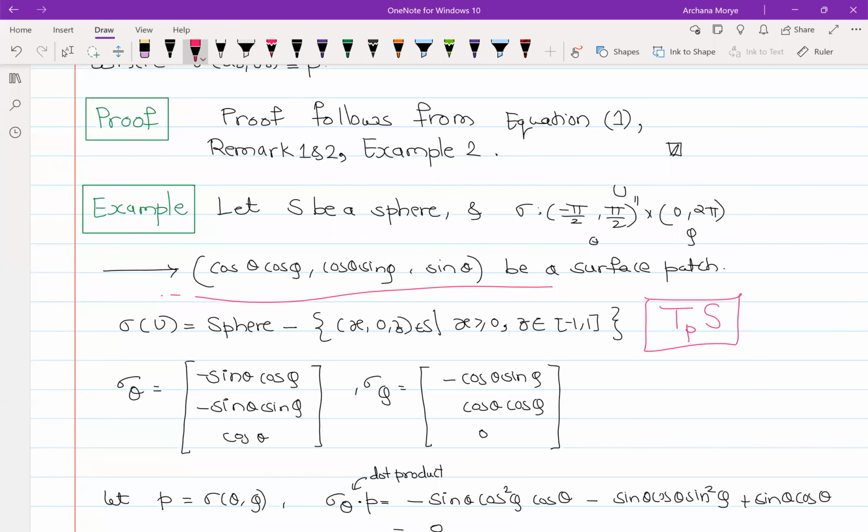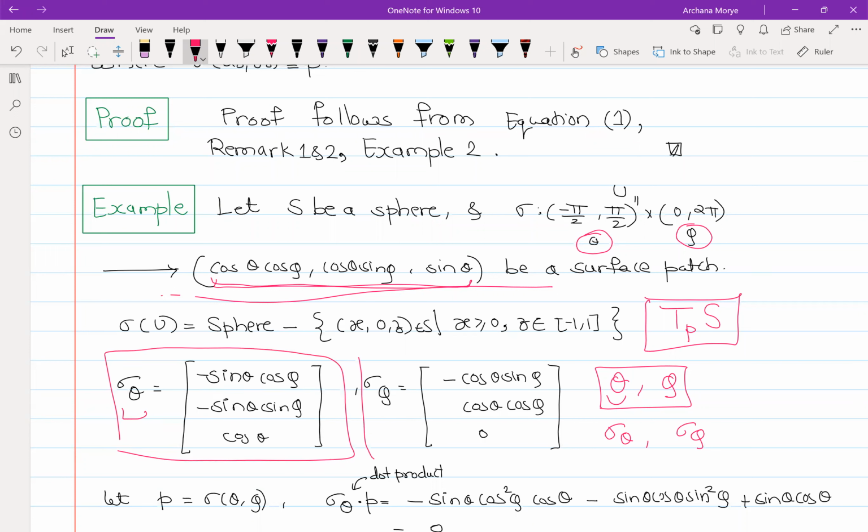How will you calculate Tp of the sphere? We first have to calculate, so here our parameters are theta and phi, right? Theta is one parameter, another parameter is phi. So I have to find sigma theta and sigma phi. What is sigma theta? This is our function, right? Minus sin theta.